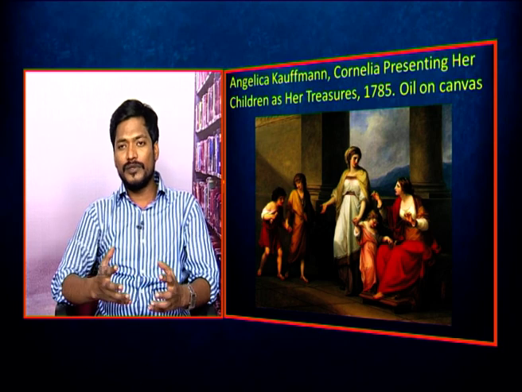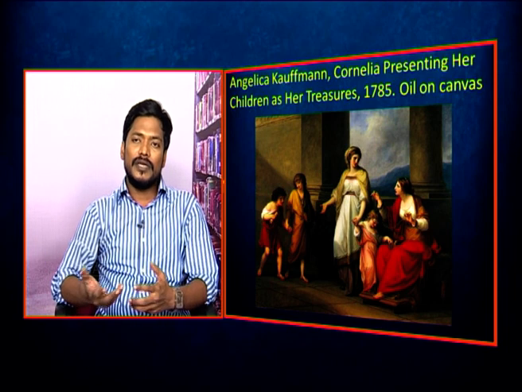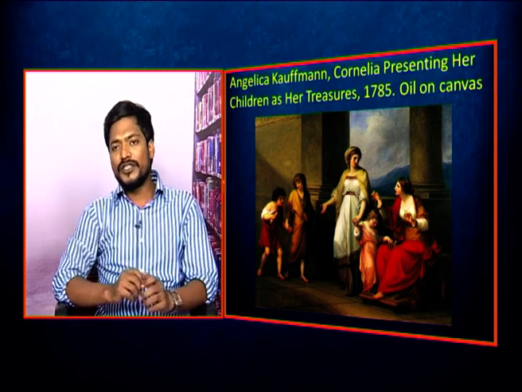The story is simple: a neighbor comes to Cornelia's house and, as a matter of exchange, shows her jewelry. As you can see, she is showing her jewelry as her possession, as her wealth, and asks Cornelia to show her jewelry. So, instead of showing her jewelry, Cornelia calls her two sons.